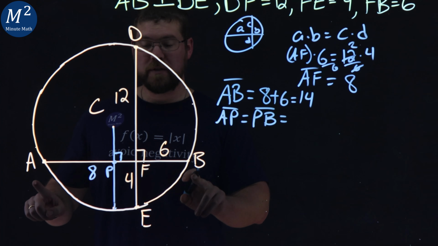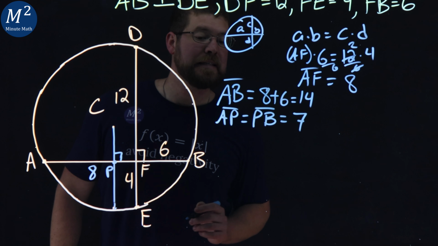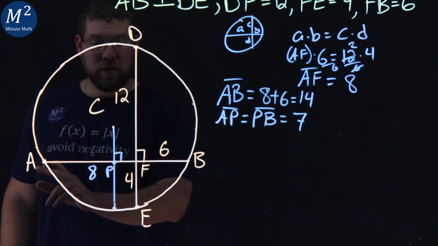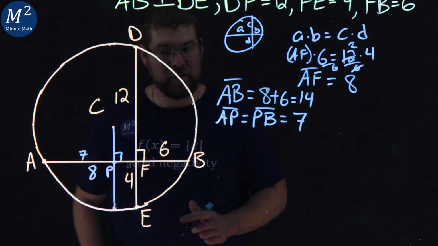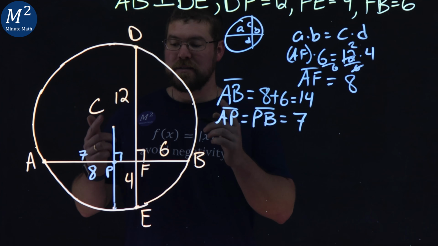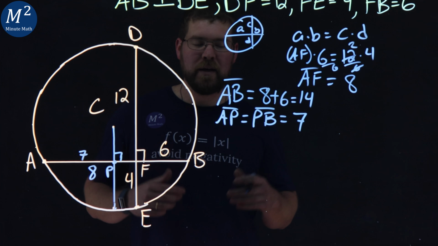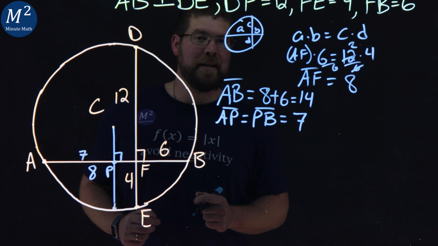The overall length is 14, cut that in half, and we get a 7. And so right here, the length of AP is equal to 7, and PB is also equal to 7.